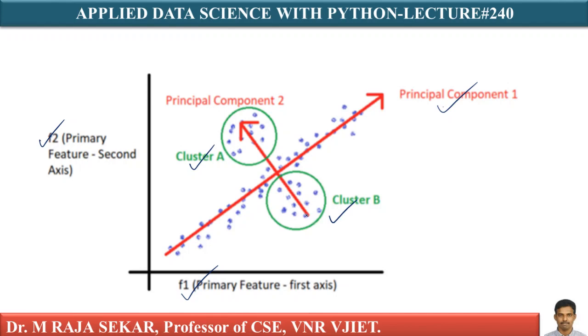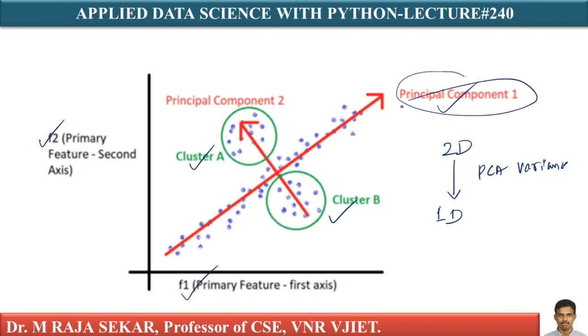So if you try to reduce two dimensions into one dimension, PCA will maximize the variance and will get principal component 1 as the final feature.